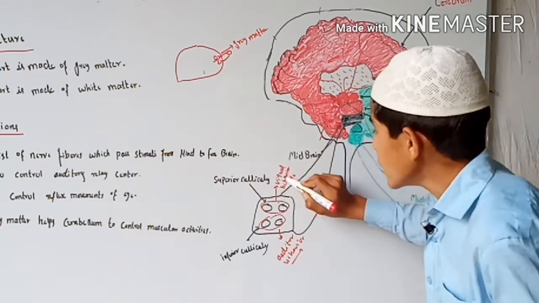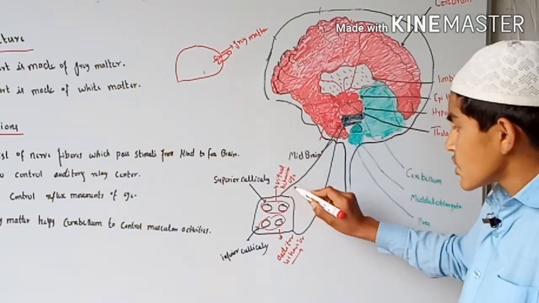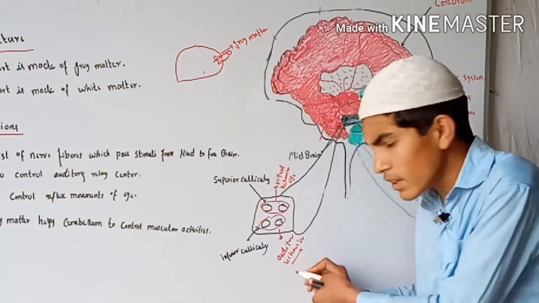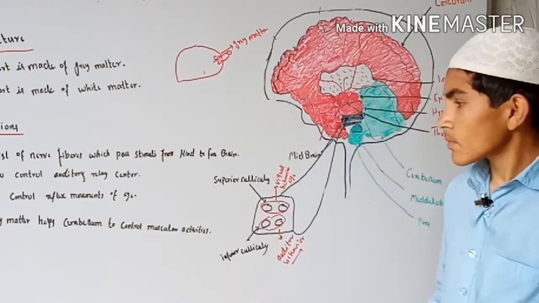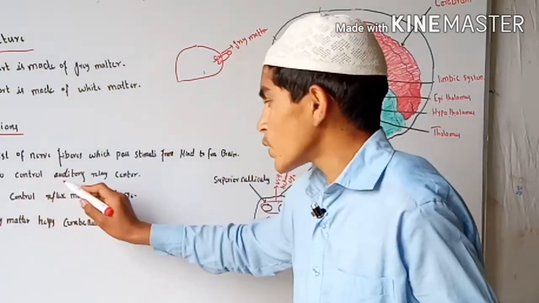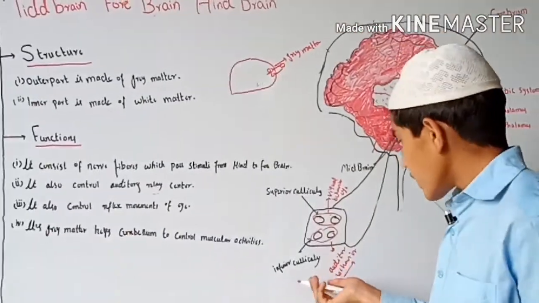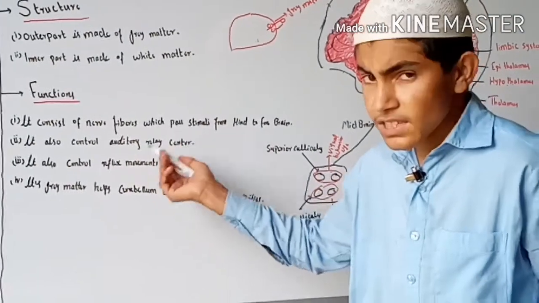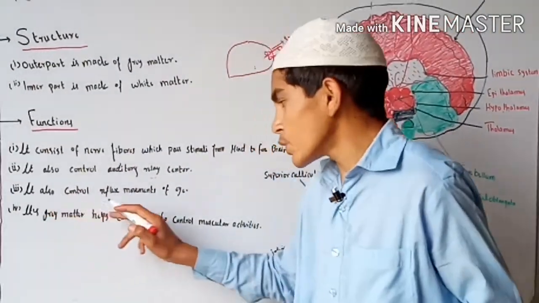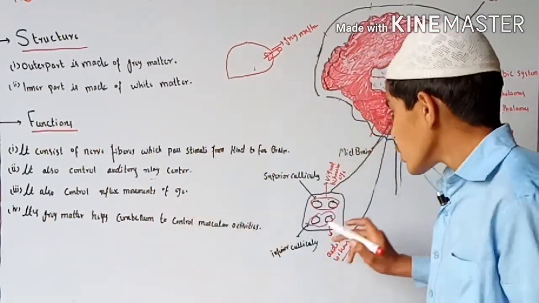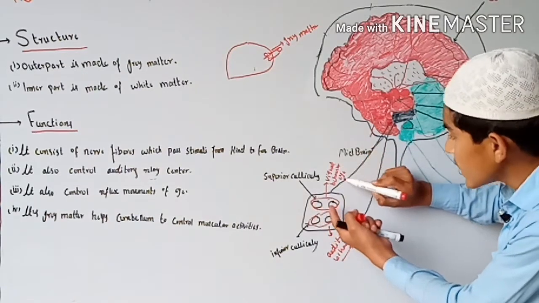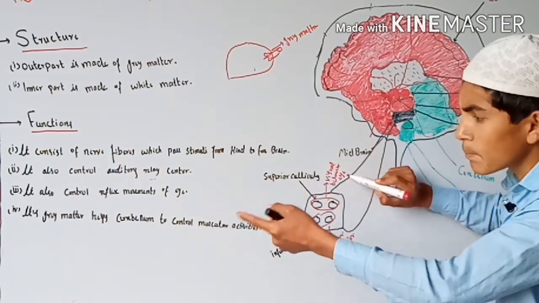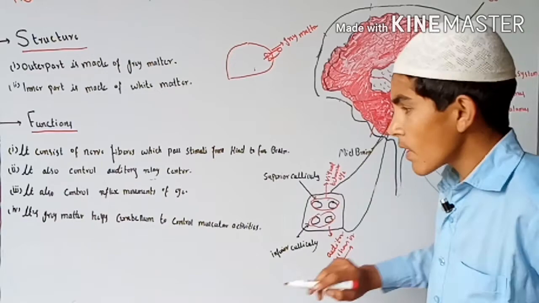It is involved in seeing, and it is involved in listening. So the inferior colliculi control the auditory relay center, and the superior colliculi control the reflex movement of the eye.